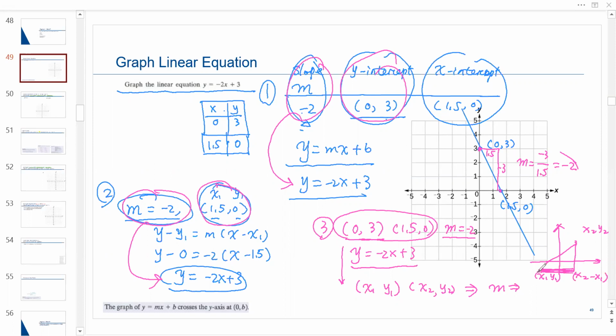What about y? The y change is y2 minus y1. The slope is this side over this side. So the slope equals y2 minus y1 divided by x2 minus x1, right? So we have found another very important topic: given any two dots, you can find their slope based on this formula, right? Okay.